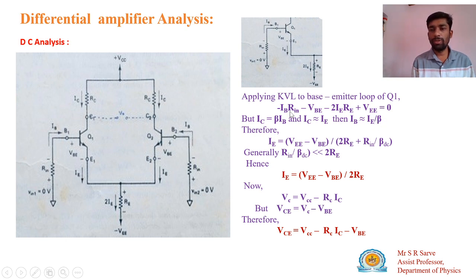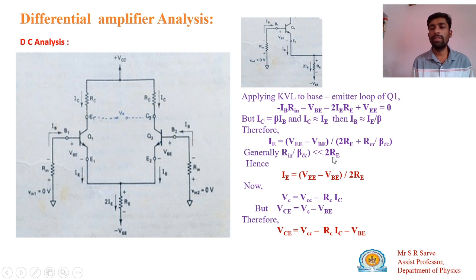So substitute this value in the term of IB, and when you simplify this equation, we will get the equation for IE. So what is the equation for IE? IE is equal to VEE minus VBE, divided by, if you take IE common when substituting this value, twice RE plus R input resistance divided by beta.